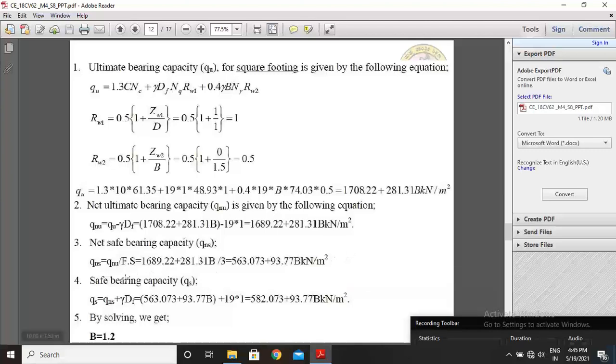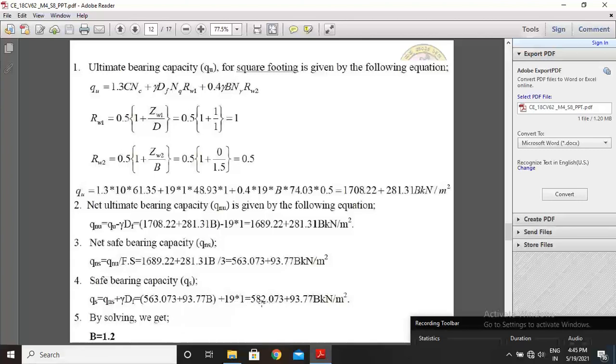So next you calculate safe bearing capacity, that is QS is given by the relation QNS plus overburden pressure gamma DF. Now substitute the value in this equation. Net safe bearing capacity is 563.073 plus 93.77 times B plus gamma is 19 into DF is 1.